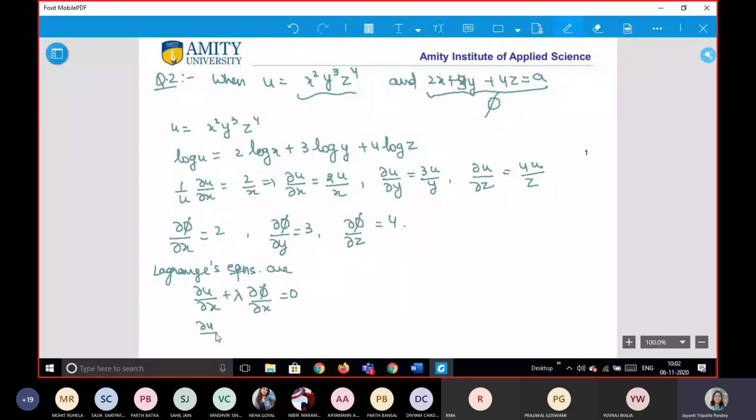Then del u by del y plus lambda del phi by del y equals to 0, right? And the third one is del u by del z plus lambda del phi by del z equals to 0.